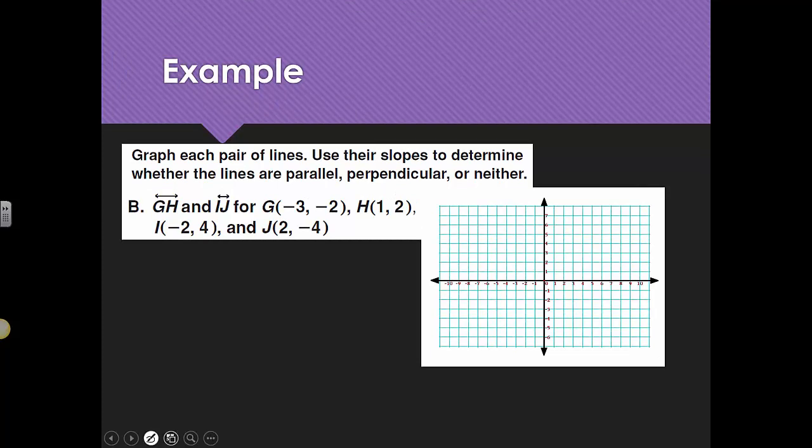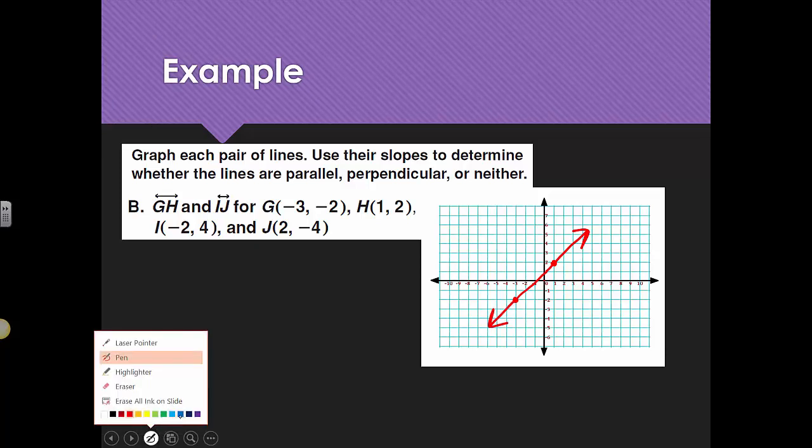Okay, here's another example. Let me grab a different color here. I'm going to grab red, and I'm going to do line GH. So G is -3, -2. That's here. H is 1, 2. That's here. So line GH is here in red. Quickly grab another color pen.